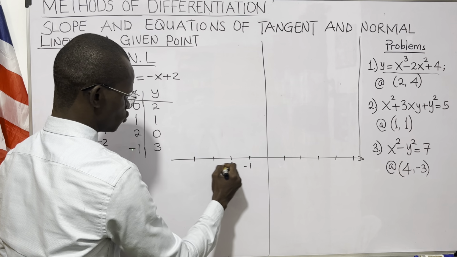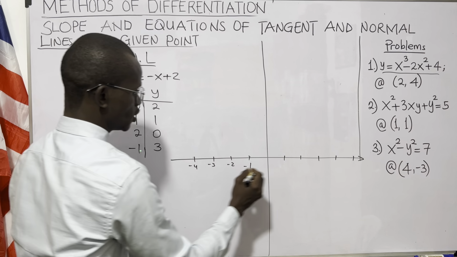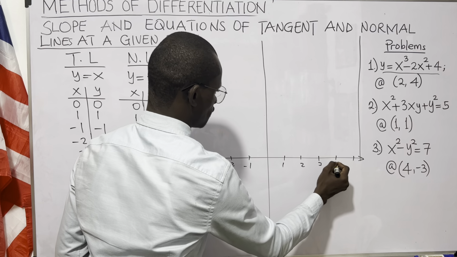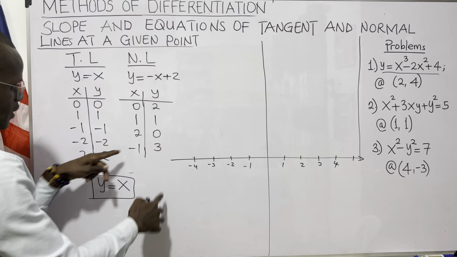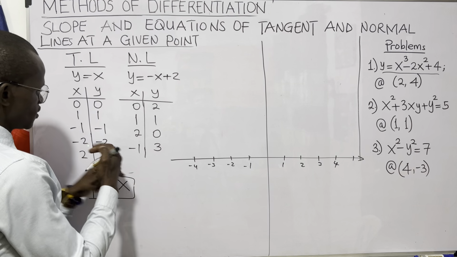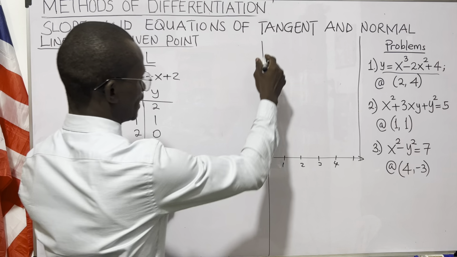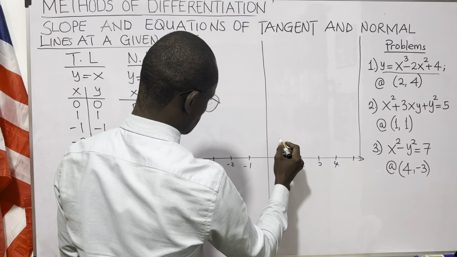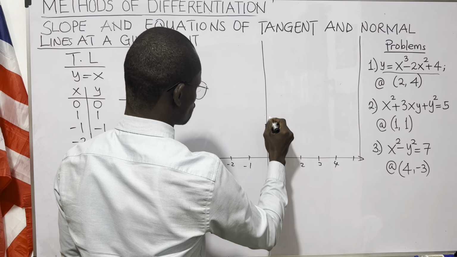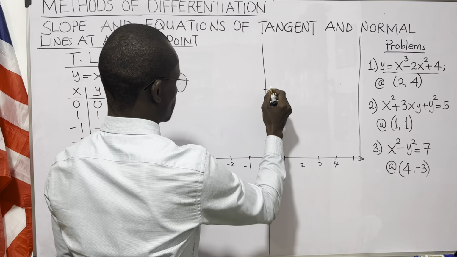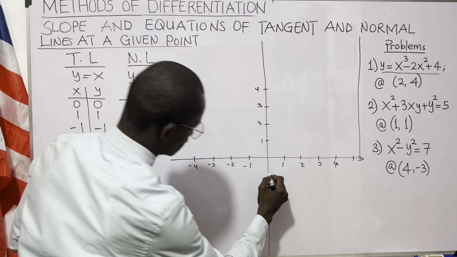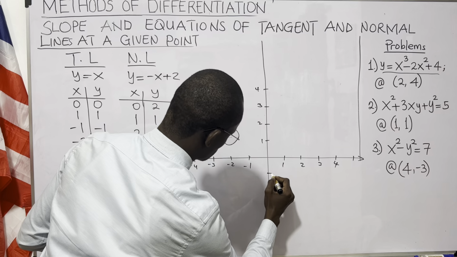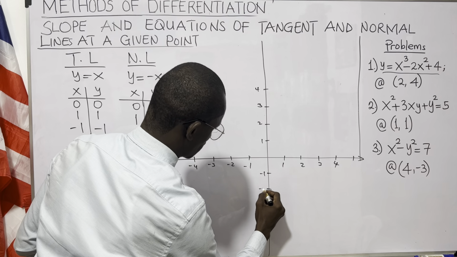So minus 1, minus 2, minus 3, minus 4, 1, 2, 3, 4. On the y-axis, the highest number is 3 and the lowest number is minus 2. So we just have a few values, 1, 2, 3, 4, for instance, and then minus 1 and minus 2.